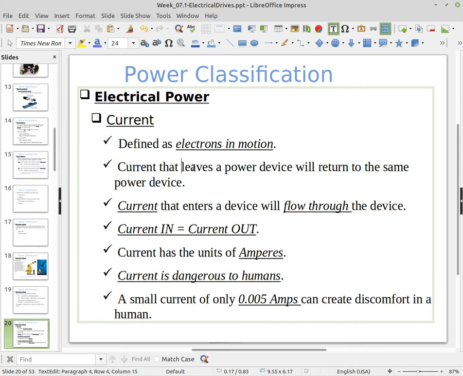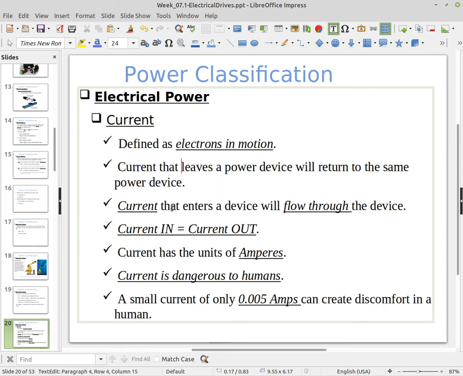So what that means is that the current leaving the power device is also going to be the same amount of current entering the other end of the power device. So if you have 5 amperes leaving the top of a battery, you're going to have 5 amperes returning into the negative side of that battery at the exact same time.